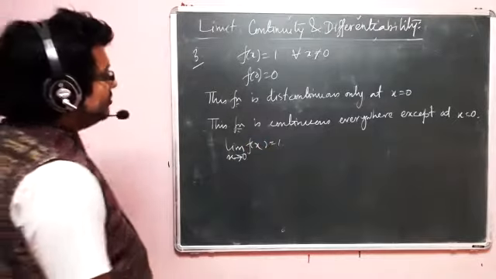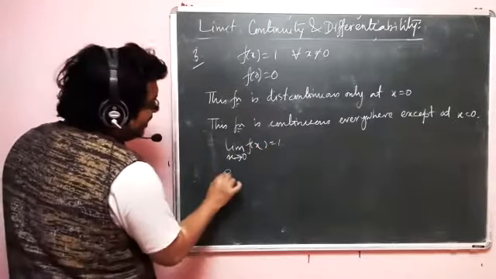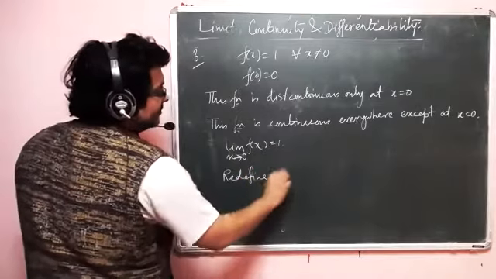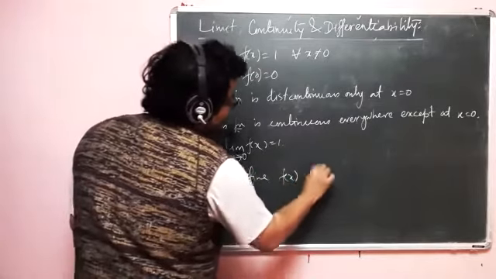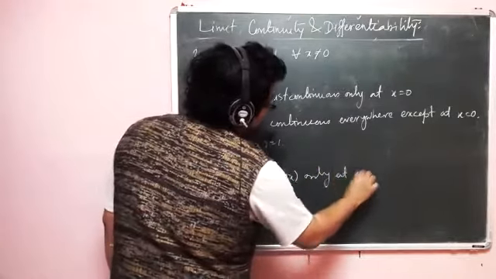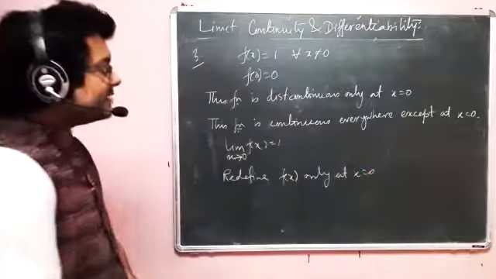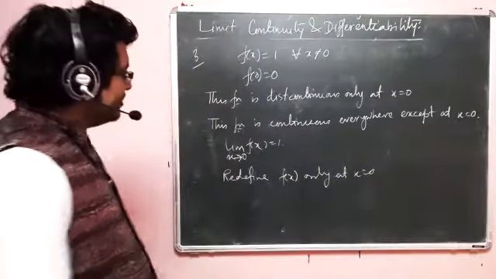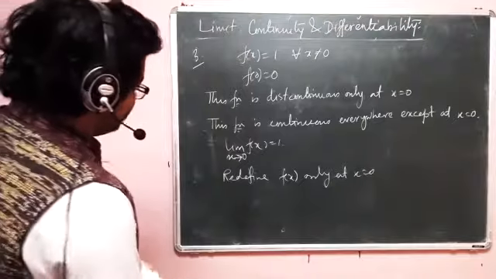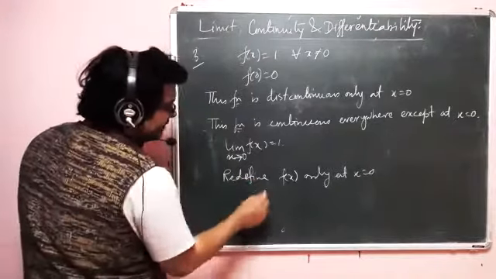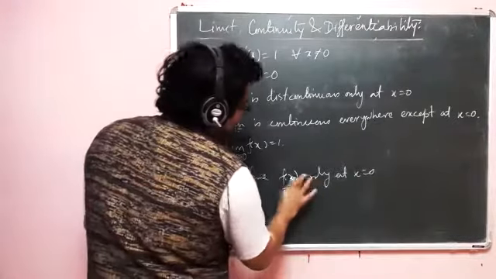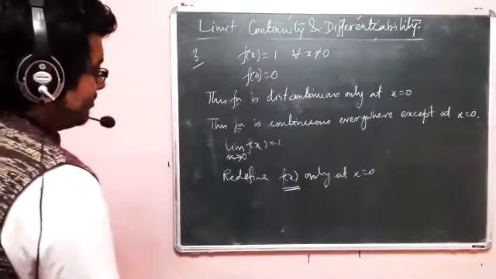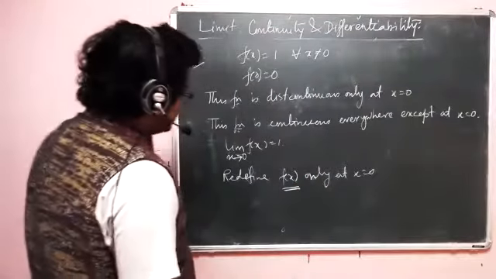All we need to do is redefine f(x) only at x equals 0. Otherwise we can keep the function as it is, but we only have to redefine f(x) at 0, and that will solve our problem and make it continuous.